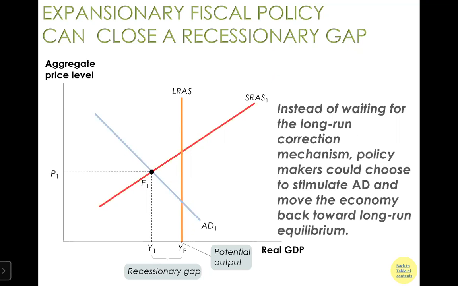Now if we have the ability to run some fiscal policy, or if we let the government intervene, what we are going to see is that the government can lift up the aggregate demand curve. How? There are a couple of ways. First, the government can initiate some purchase of goods and services.